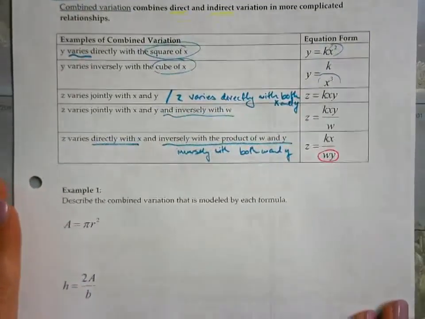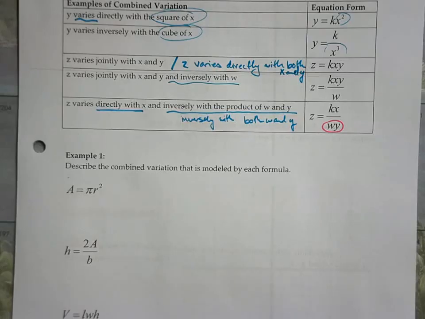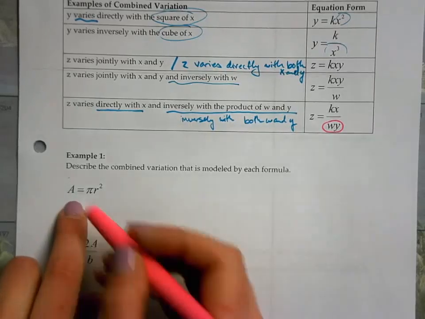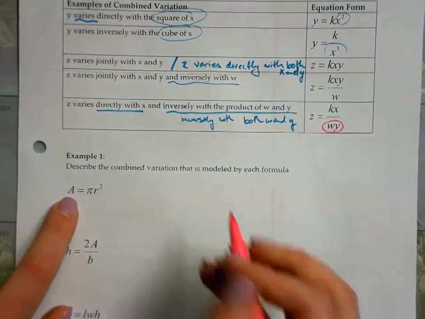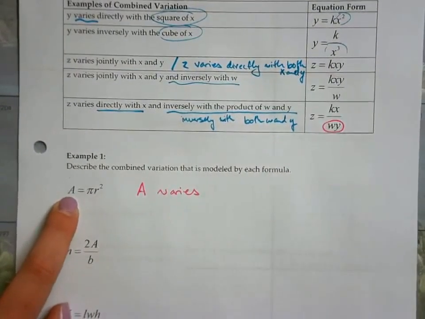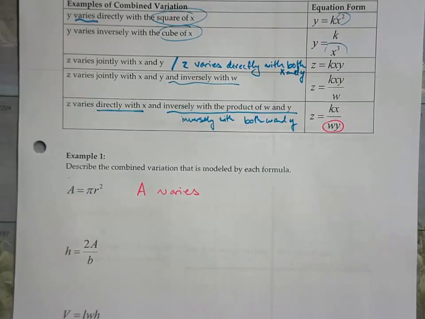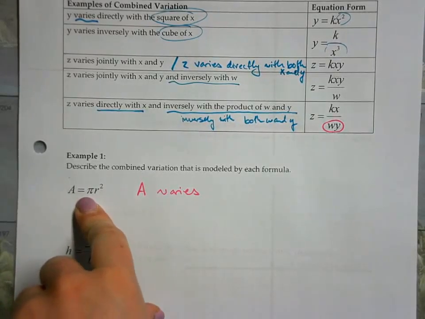So looking at some examples down here, these are formulas that you've seen before, you're familiar with them. These are areas of circles, heights, volumes of cubes, all this sort of stuff. So if we were to describe this one here, we're always going to start with what's on the left. So we'll say A varies, and then what you talk about after that are the variables. That's why we say varies. So pi is your constant.